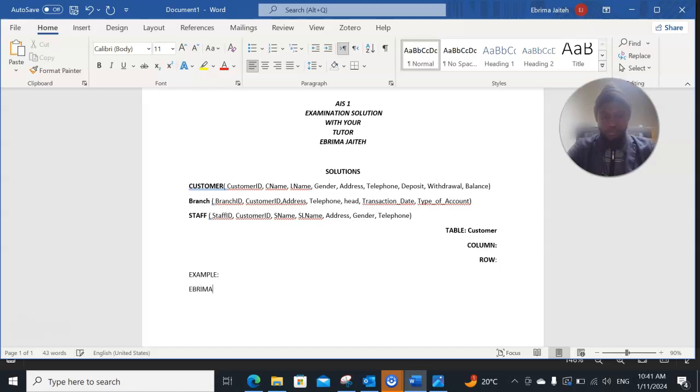So Ibrahima deposits, this is in dollars, $100,000 on the first of January 2024. Okay, he deposited 100,000 on the 1st of January 2024.